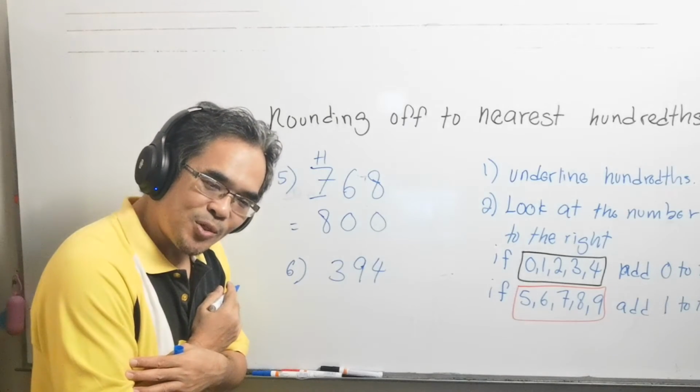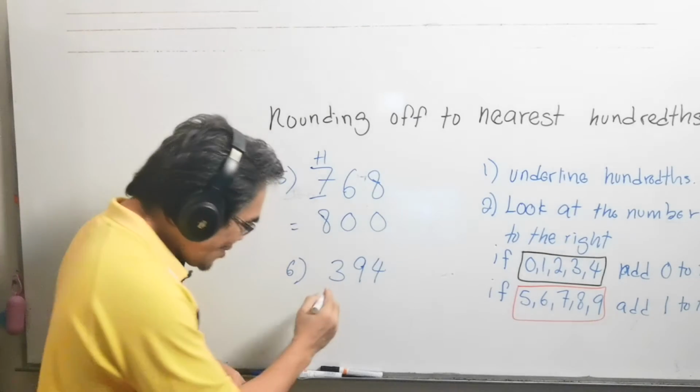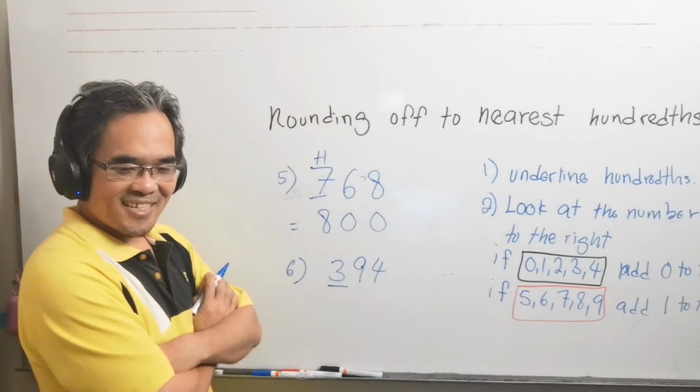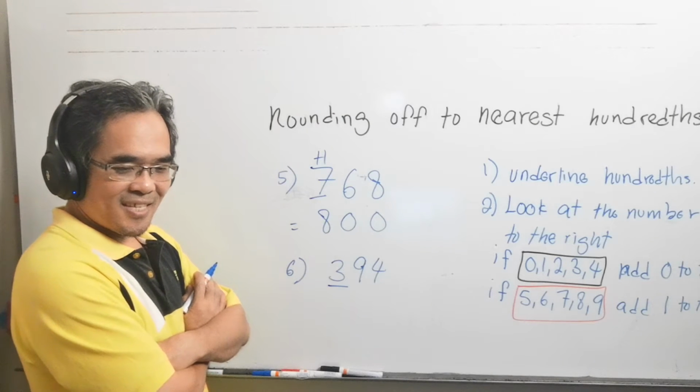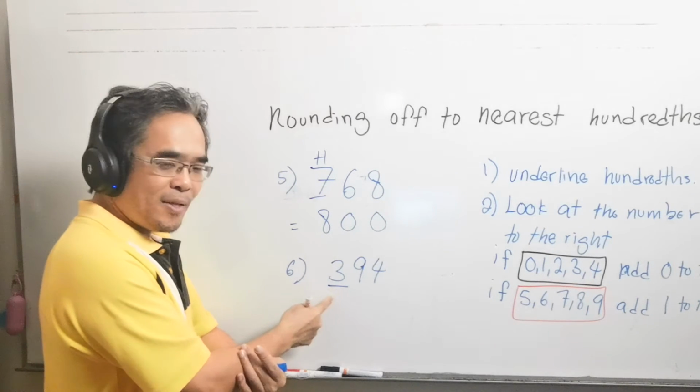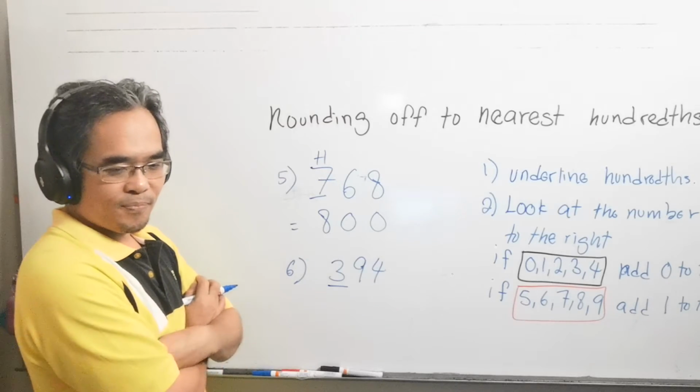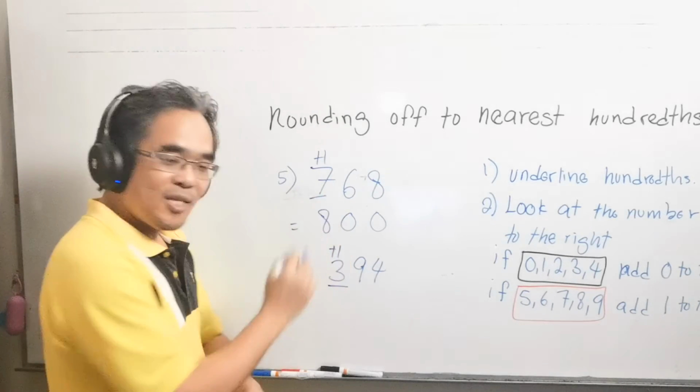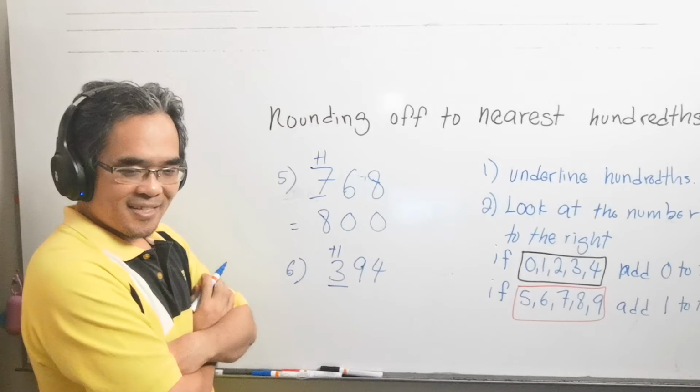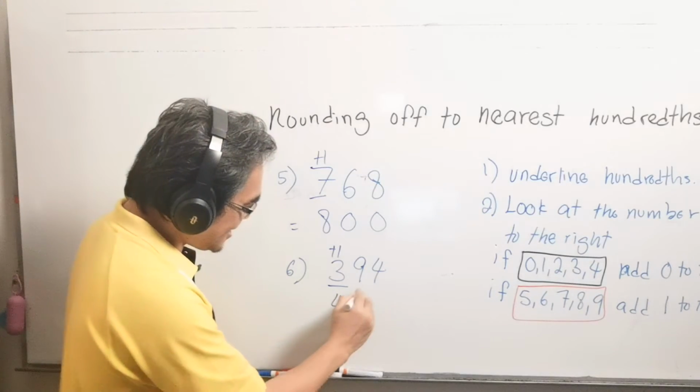Underline 100. Which one? You underline 3. So do we add 1 to 3 or not? Yes. You add 1. 400.